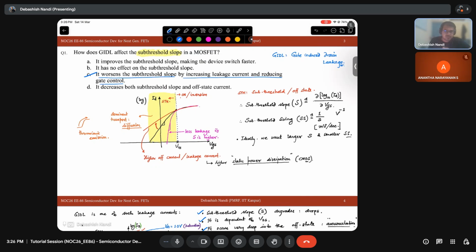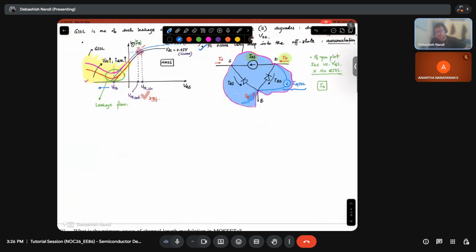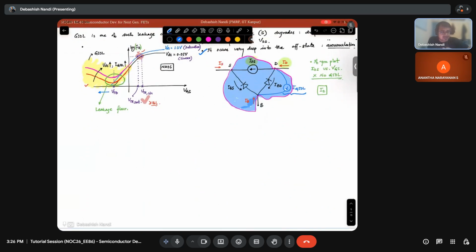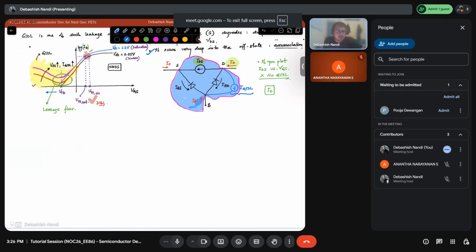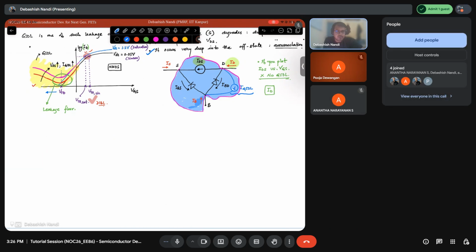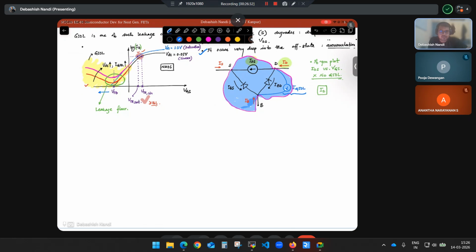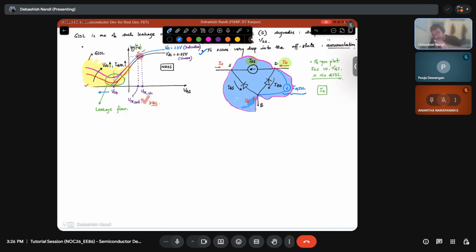Yes, sir. So this is what it is. Now I will show you how and where GIDL occurs. Okay, so let's take a device. Let's take this as your MOSFET.